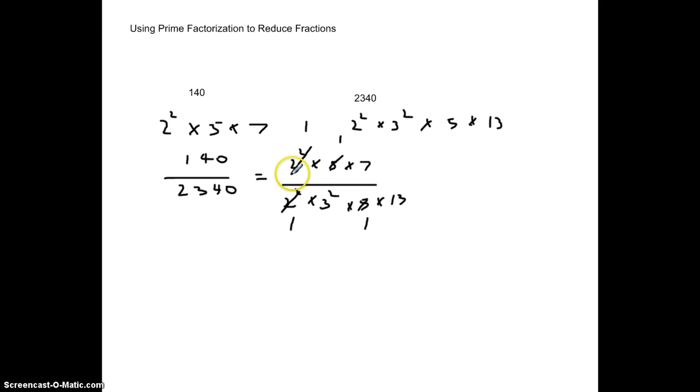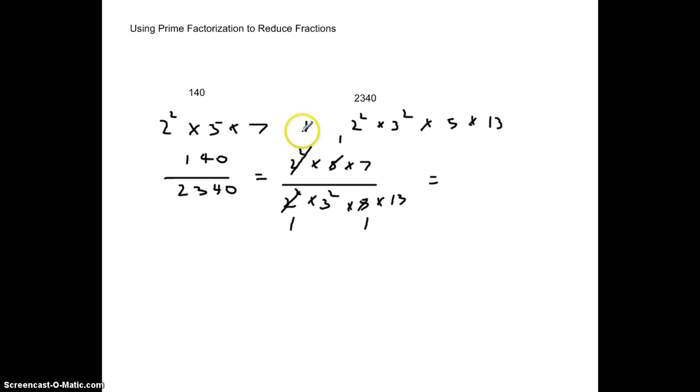Now remember, in the video for finding the greatest common factor, we found that 2 to the second times 5 is a factor of both 140 and 2,340, so that was the largest number that would divide into both. So what we really did was reduce by dividing by the greatest common factor, which was 2 to the second times 5, or 20.